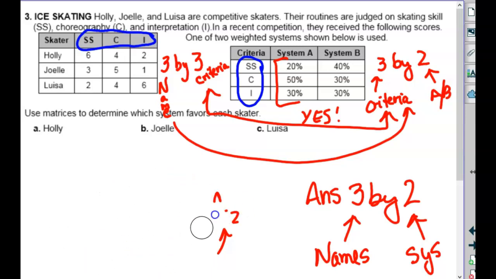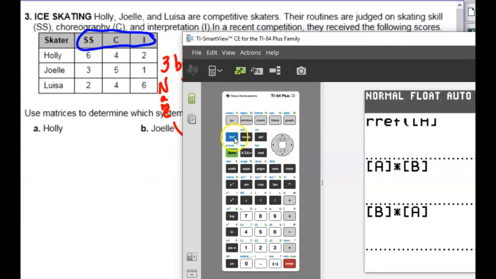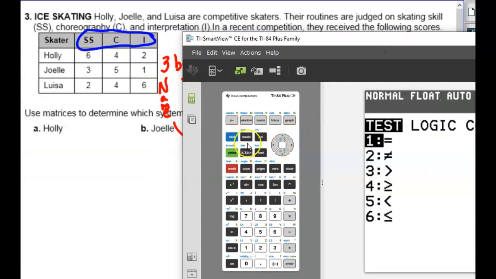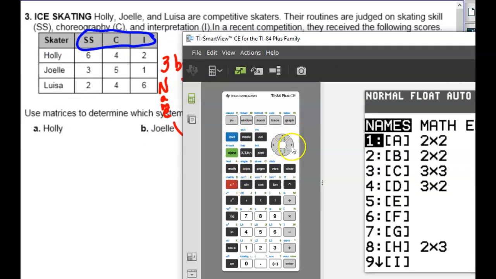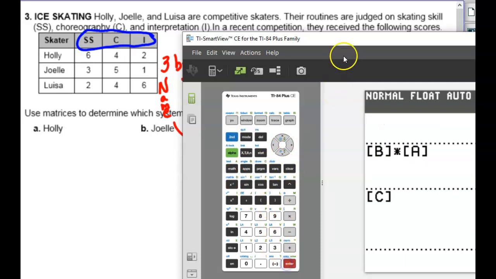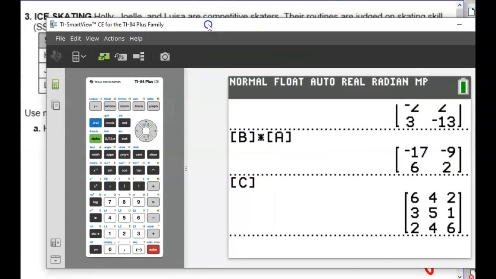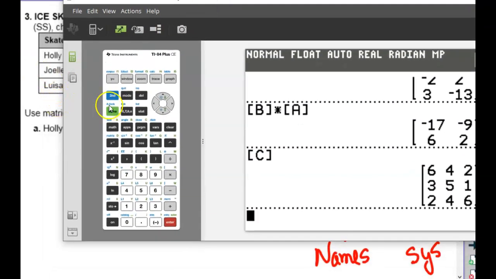So let's type these bad boys in. I think I have the first one in. So under matrix, I think I have mine in number 3, or C, is that right? 642, 351, 246? Okay, but what do I have to put in for the other one?